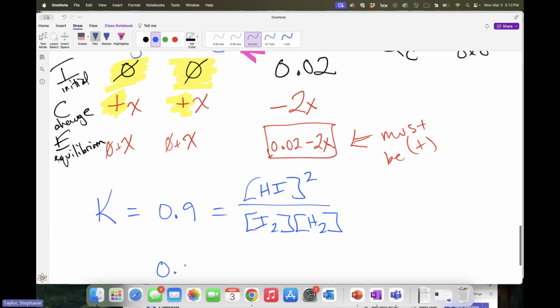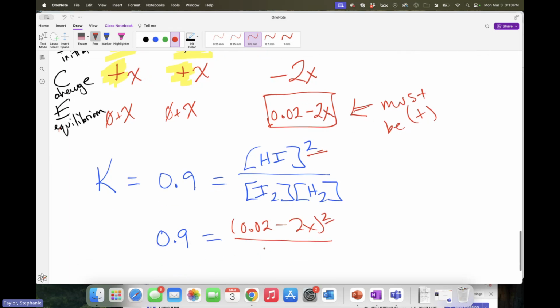Now I can plug in, because that equilibrium row in red should be equal to my value for K. So now I've got my HI, 0.02 minus 2x, all squared. So I've got a squared term here, a squared term there, all divided by x times x, or to write that a little differently, x squared.